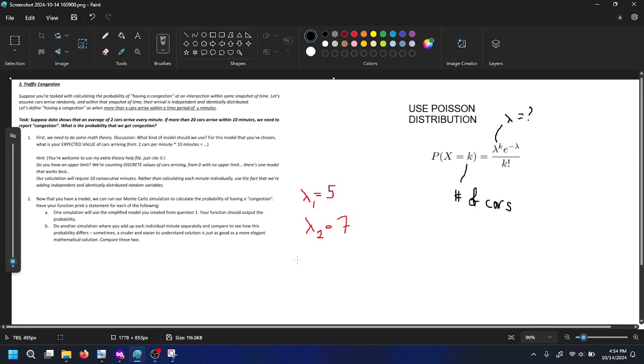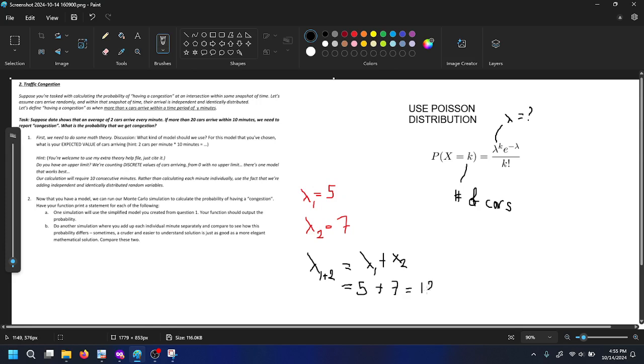Then if we took the sum of these, they would also be Poisson distributed, and the rate parameter of that combination would be the individual rate parameters added together. So in that case, it would be 5 from the first one plus 7 from the second one, or 12.